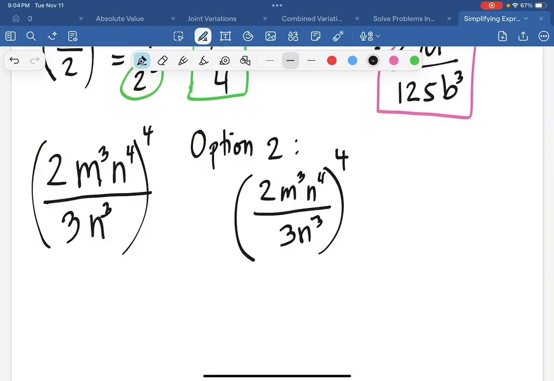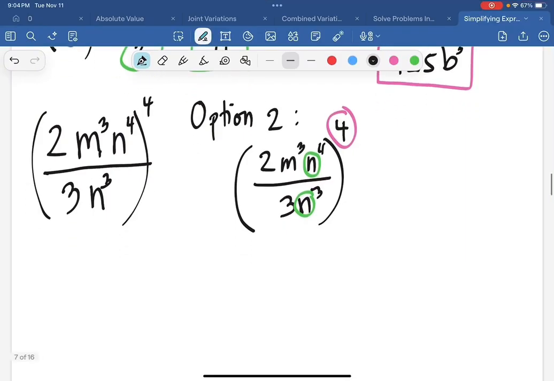Okay. Based on this, before we distribute the exponent 4 to each of the bases or the other exponents, since we have here the same base n, we could simplify the exponents right away before distributing this exponent.